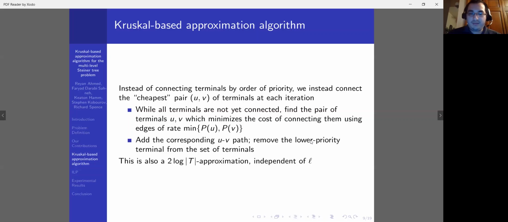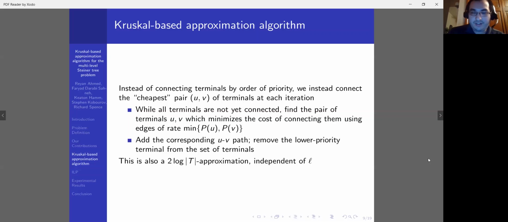Once we do that, we remove the lower priority terminal from the set of terminals and continue this process until all the terminals are connected to form a subgraph, which we can then prune cycles from to enforce that the subgraph is a tree. It can be shown similarly that this is also a 2 times the natural log of t approximation, independent of L, the number of priorities.